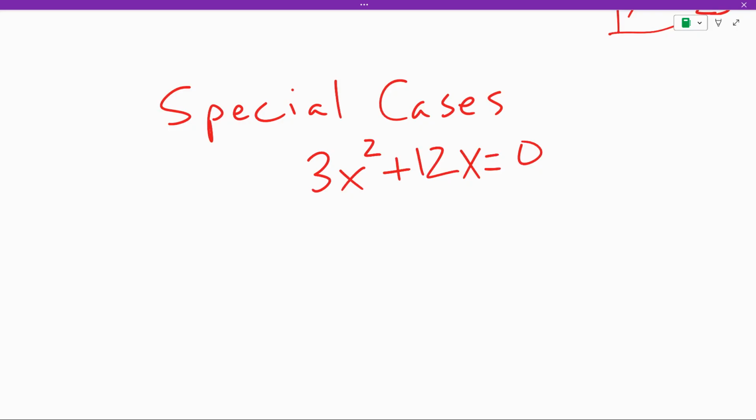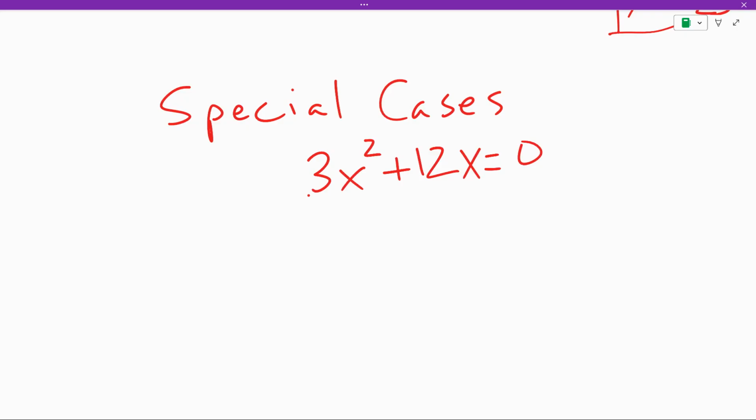Well, notice that right off the bat, we can already take out the greatest common factor from this expression right here, right? And if we consider this expression 3x squared plus 12x, what's the greatest common factor that we can take out of this expression? I'll give y'all a minute to think about it.